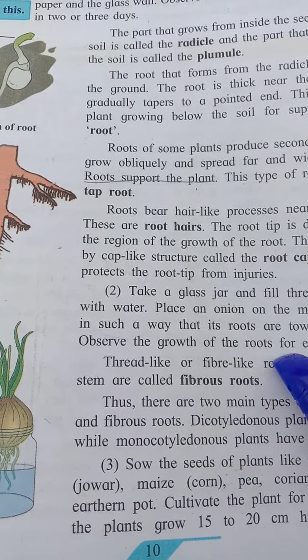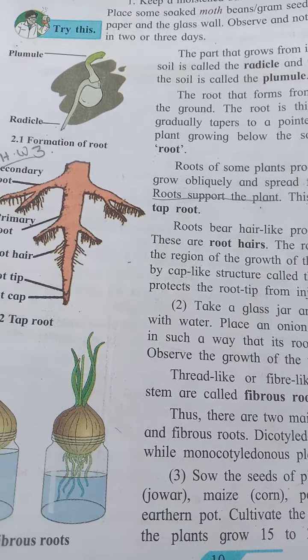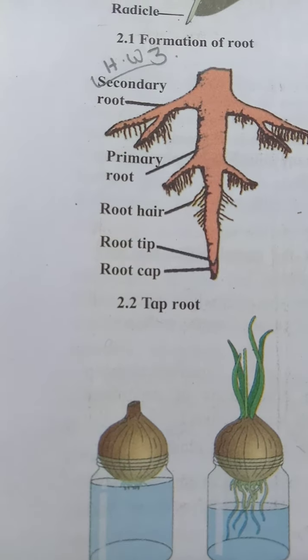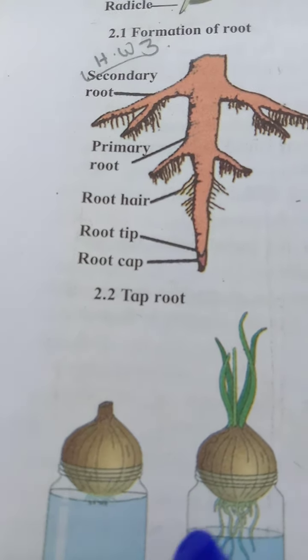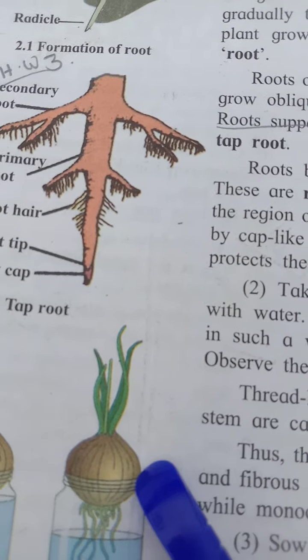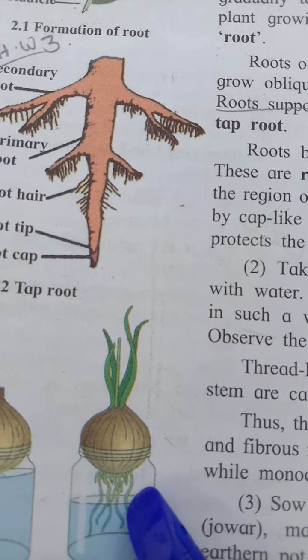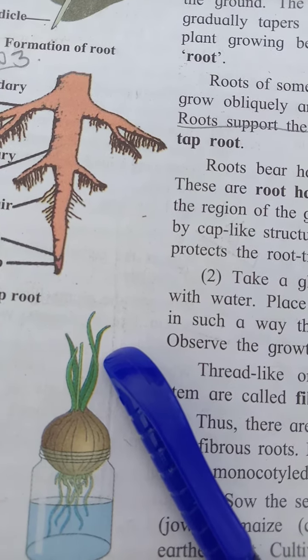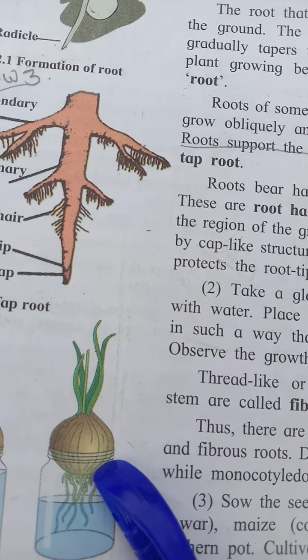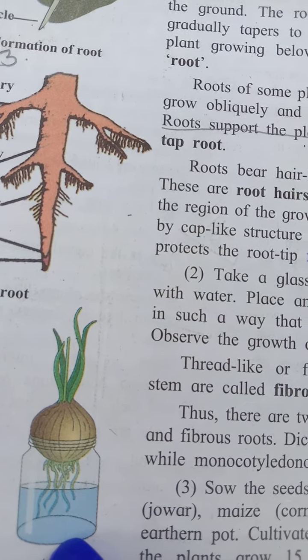Observe the growth of the roots for 8 days. When we first take the jar and the onion, it looks like this, and after 8 days you observe that the roots of the onion are growing towards the water.